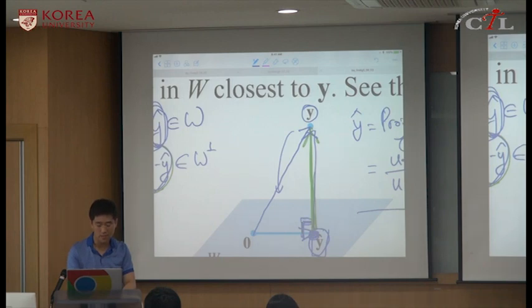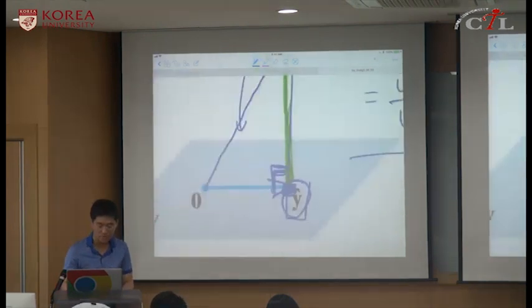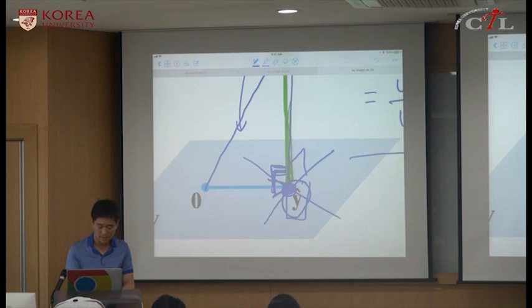Which means that this angle is 90 degrees. And that 90 degree angle is not found just there, but also that angle is found in this case, or maybe in this angle, and so on.